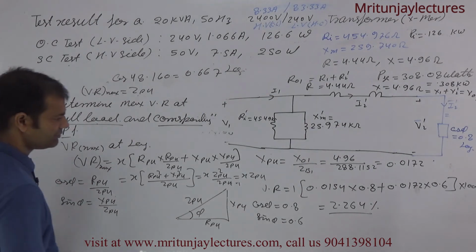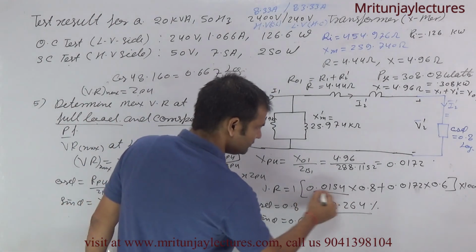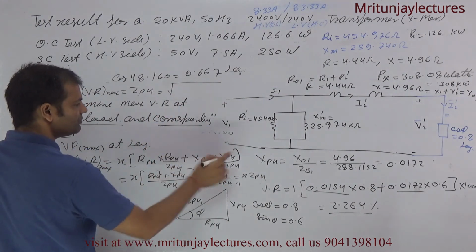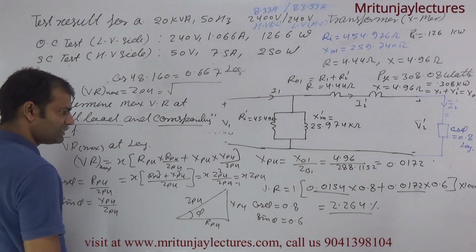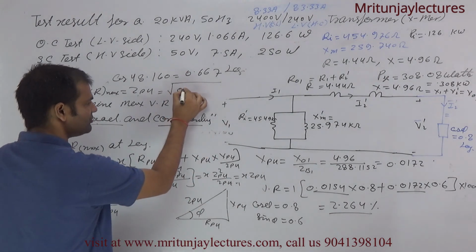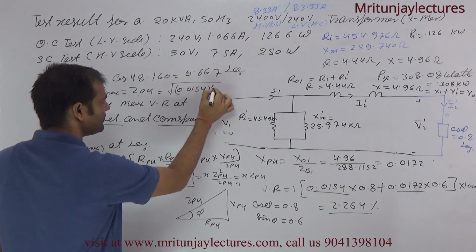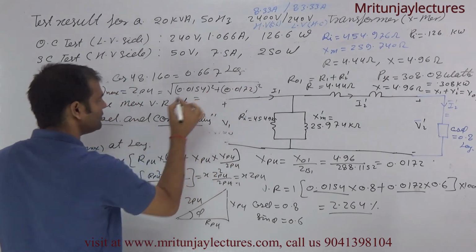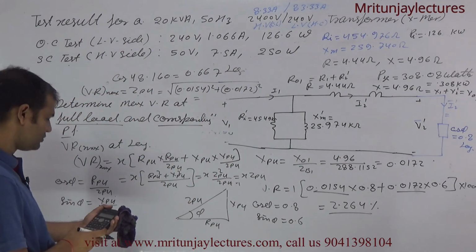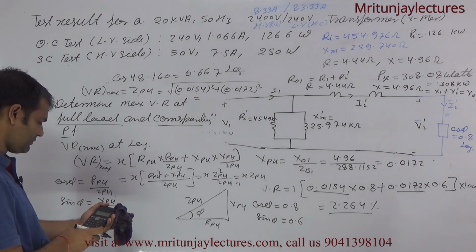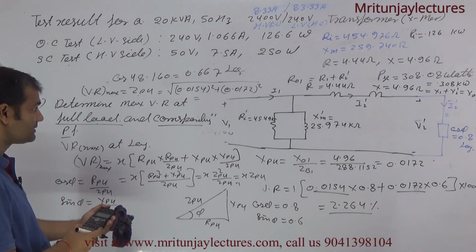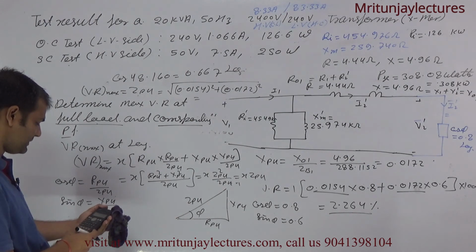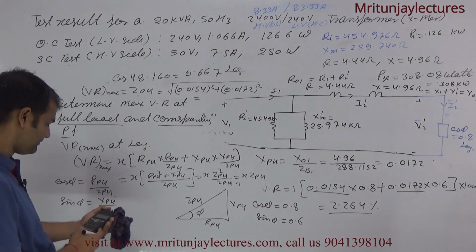Now what about ZPU? It is the square root of XPU squared plus RPU squared, that is 0.0154 squared plus 0.0172 squared, whole under root.